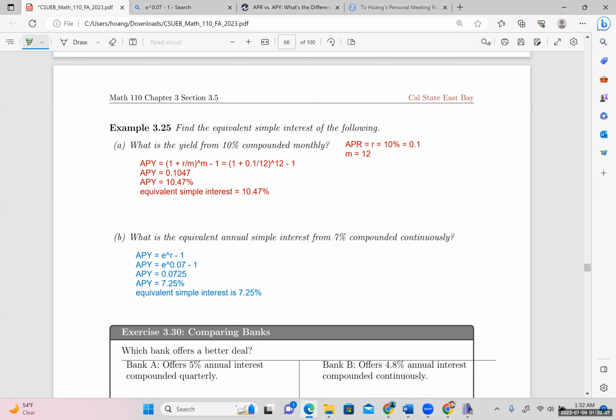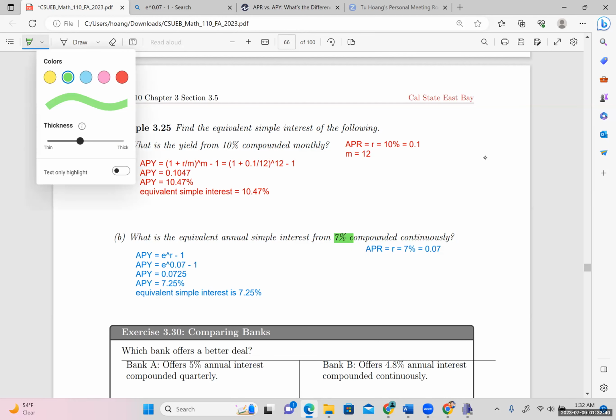Okay, so hopefully everyone got the answer of 7.25%. Keep in mind that in this case the APR was 7%, so 0.07, and it is compounded continuously.